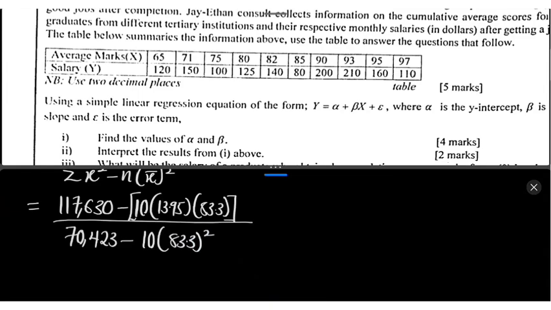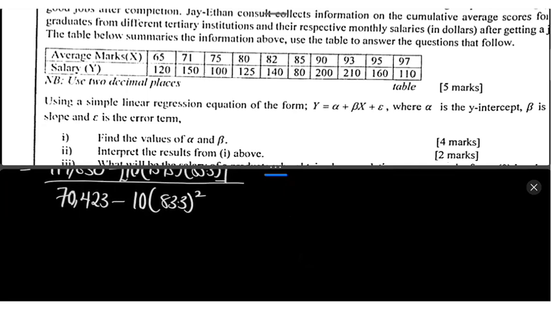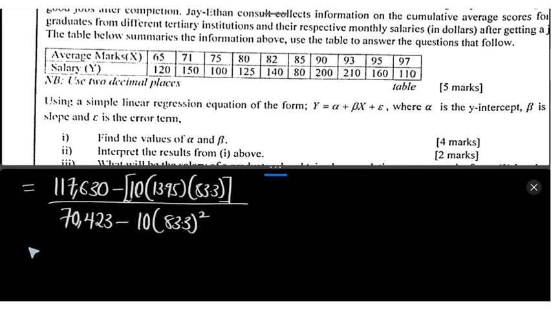So once you get to this stage, it's a matter of your calculator to get your final answer for the beta, that is the slope of the equation. So here I had 1.3795, but we were told in the question, the examiner told us to use 2 decimal places.